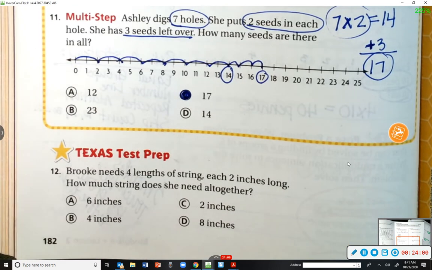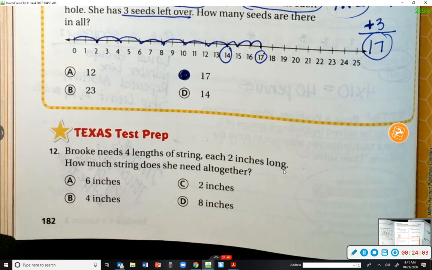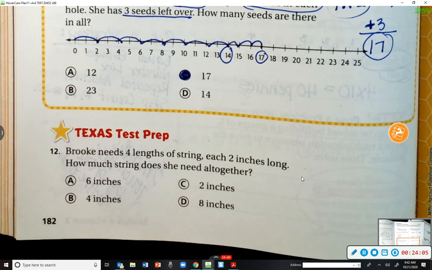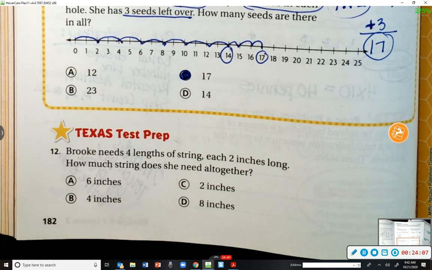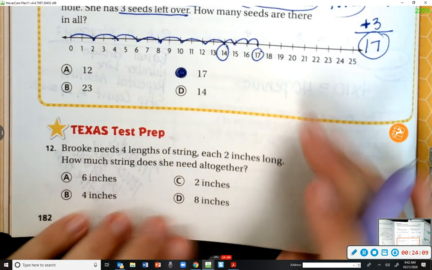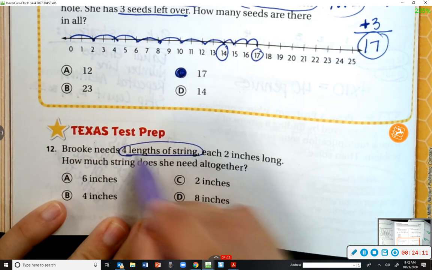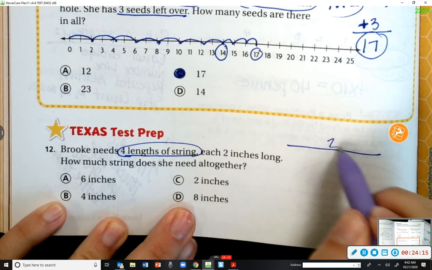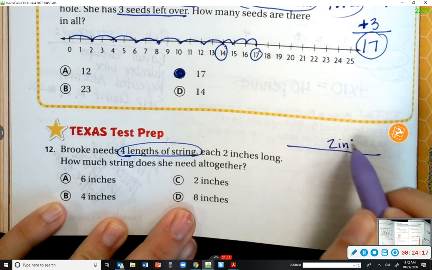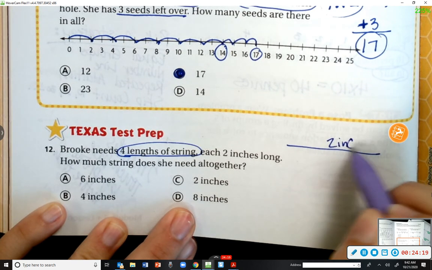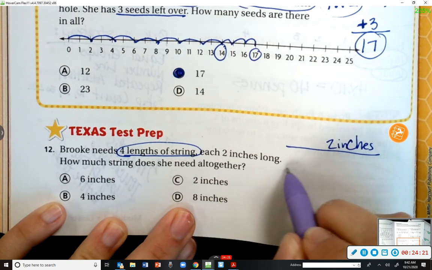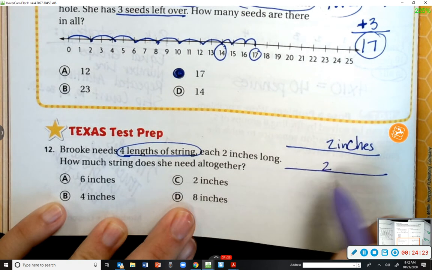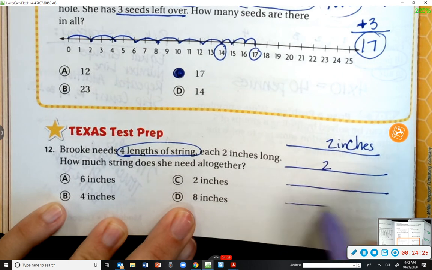Okay, on the last one, it says Brooke needs 4 lengths of string, each 2 inches long. How much string does she need altogether? Okay, so you have 4 lengths of string. So picture, there's 1, that's 2 inches long. Okay, and there's another one, that's another 2 inches. 3 and 4.